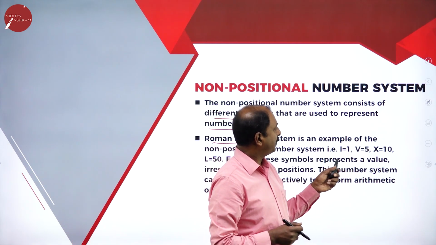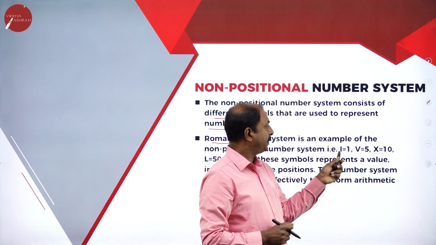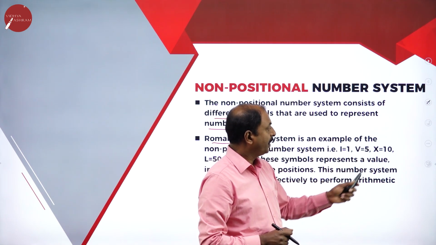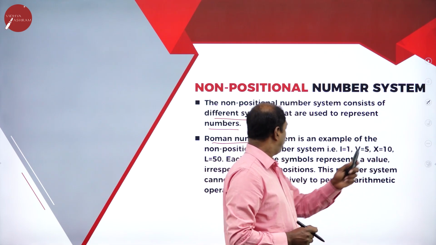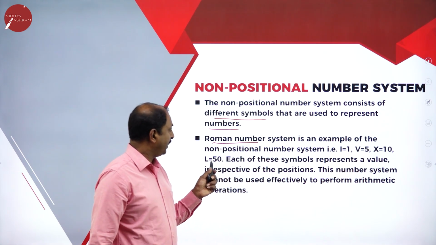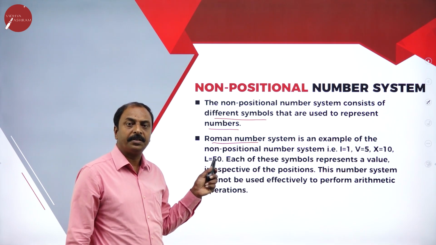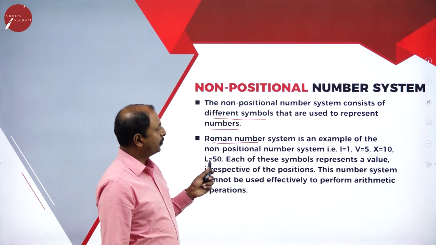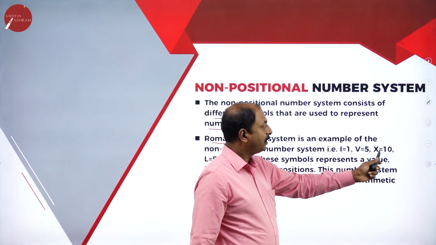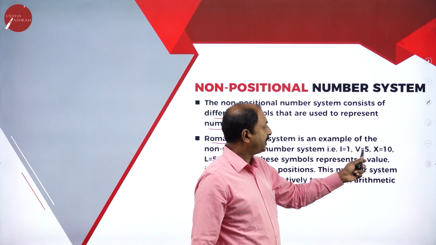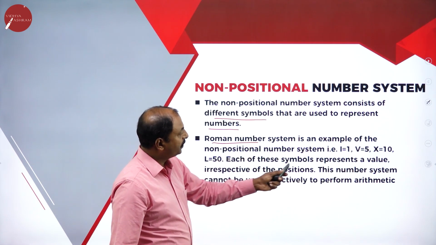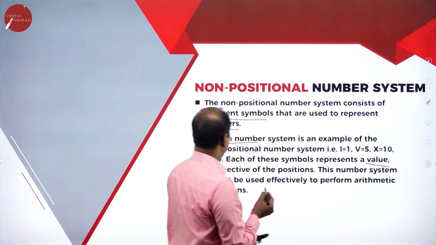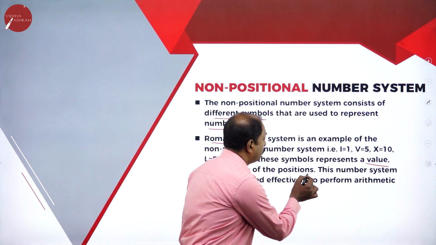Here this symbol represents 1, and V represents 5, and X is equal to 10, and L is equal to 50. You might have learned this in your junior classes, isn't it? So if you look at these examples, X stands for 10 and V stands for 5. Each of these symbols represents a value irrespective of its position.